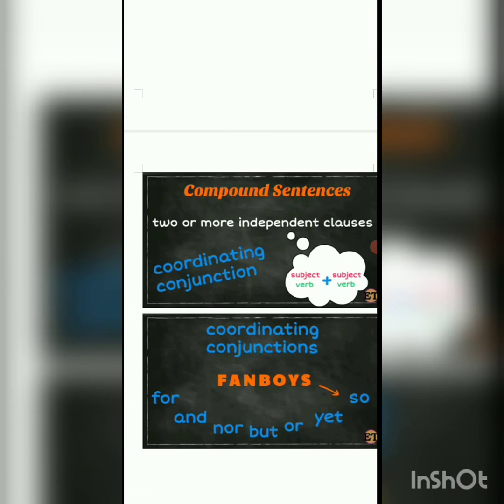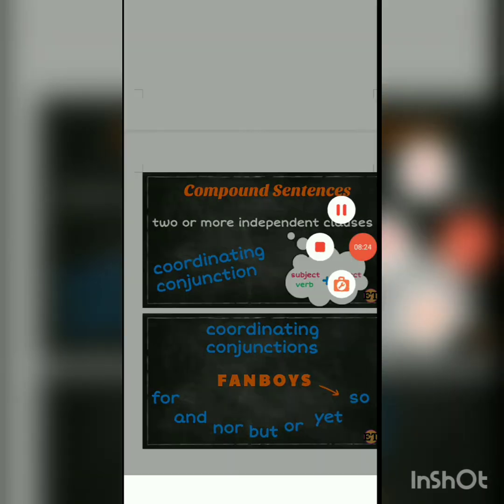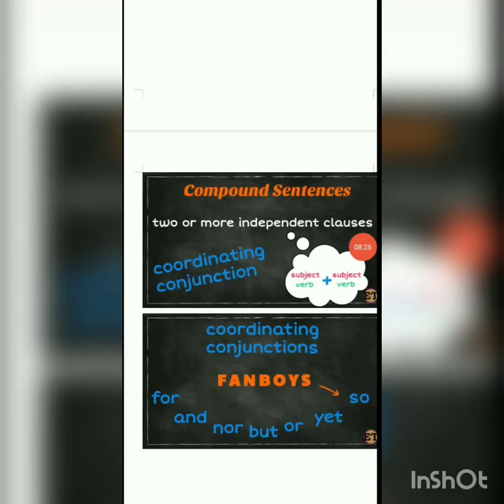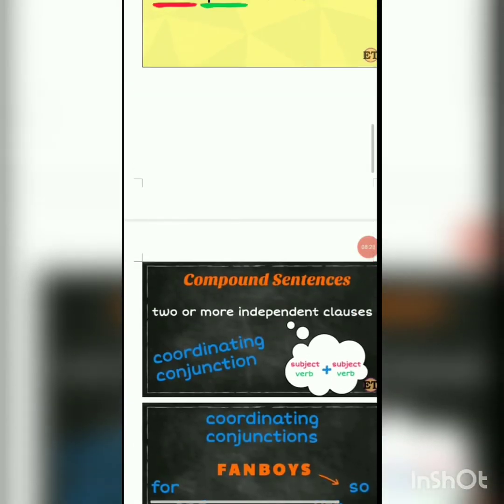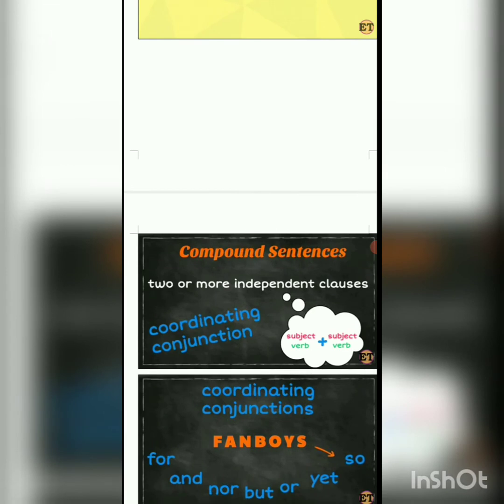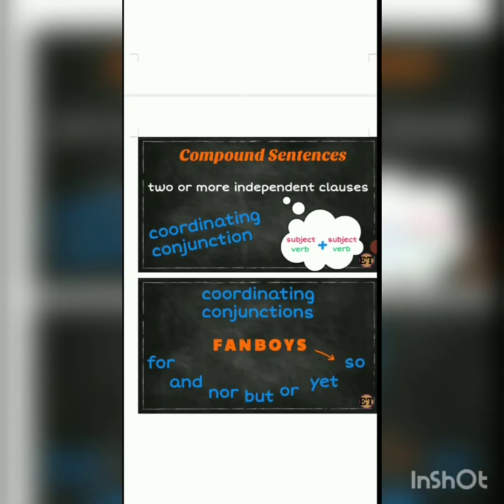Children, when you see this slide, compound sentences have two or more independent clauses, and they are joined by conjunctions, FANBOYS. What are FANBOYS? Coordinating conjunctions. Coordinating conjunctions are for, and, nor, but, or, yet, so.